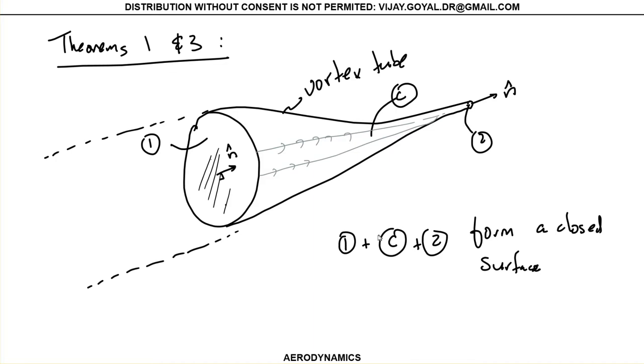So if that is true, that means the net outflow of vorticity from 1, C and 2 has to be 0, right? In other words, there is no flux of vorticity across C at any single point parallel to omega. So as this is moving in this direction and this is rotating in this direction, this is having a rotation. So what I am trying to tell you here is that there's no vorticity going outside. It's always staying in this direction right here.